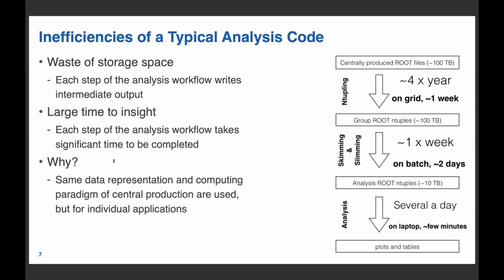This usually happens because each and every analysis group has its own needs, and therefore from a centrally produced data format, usually in ROOT, there is a step that does not really reduce the size, but manipulates the event content in order to produce those variables and quantities that are needed for a specific analysis or group of analyses.